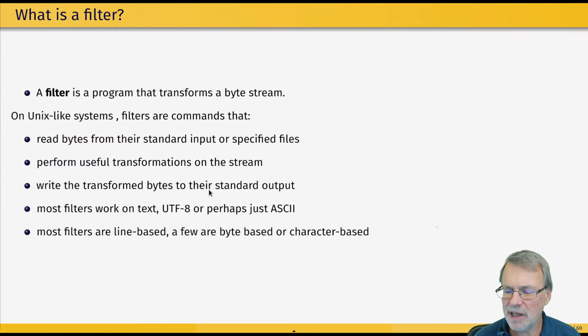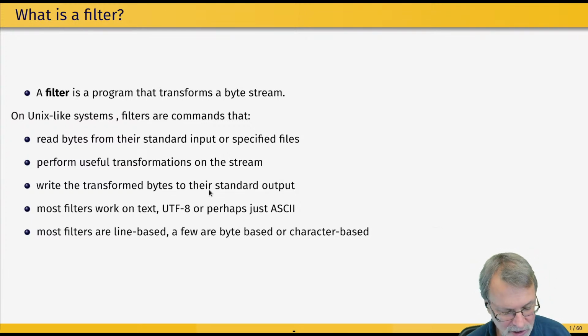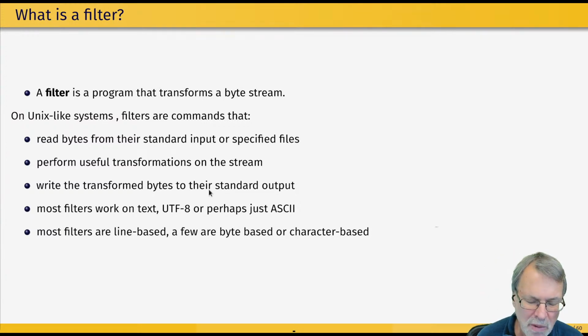Otherwise, if you give it command line arguments, it assumes they're files, opens them in turn, and reads its input from them. And then it writes its output to standard output, and usually it performs some transformation. The transformation might be minor or it might be huge, and we'll see examples of these to come.